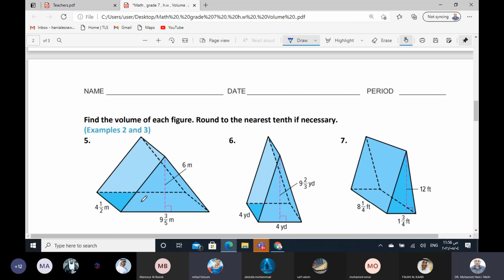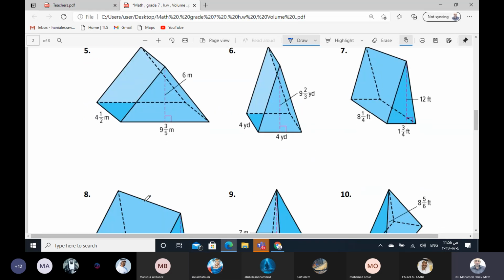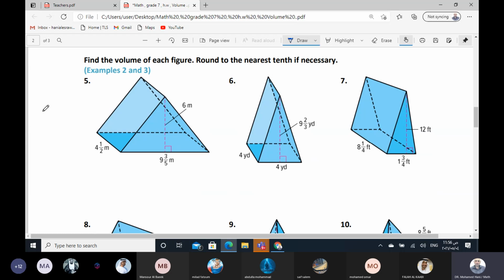Okay. How to find the volume of the pyramid? We can use the formula V equal 1 over 3 multiply by the area of the base multiply by the height.